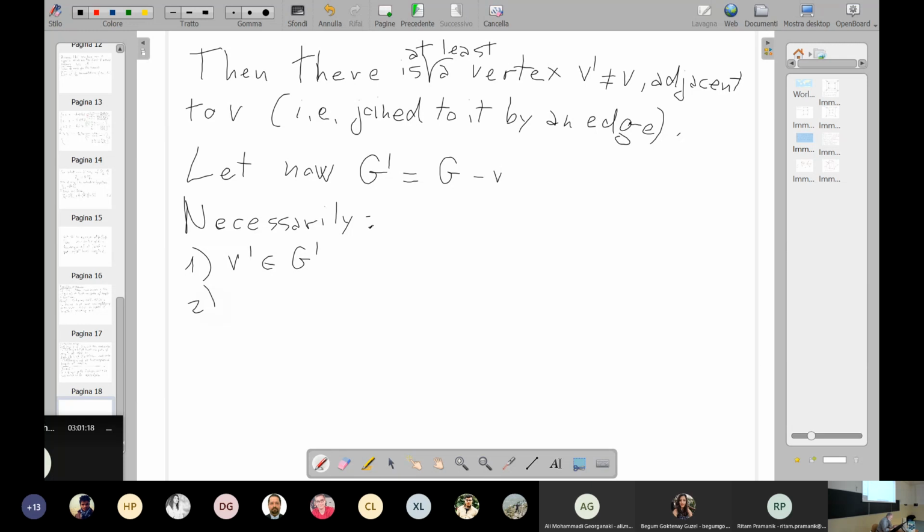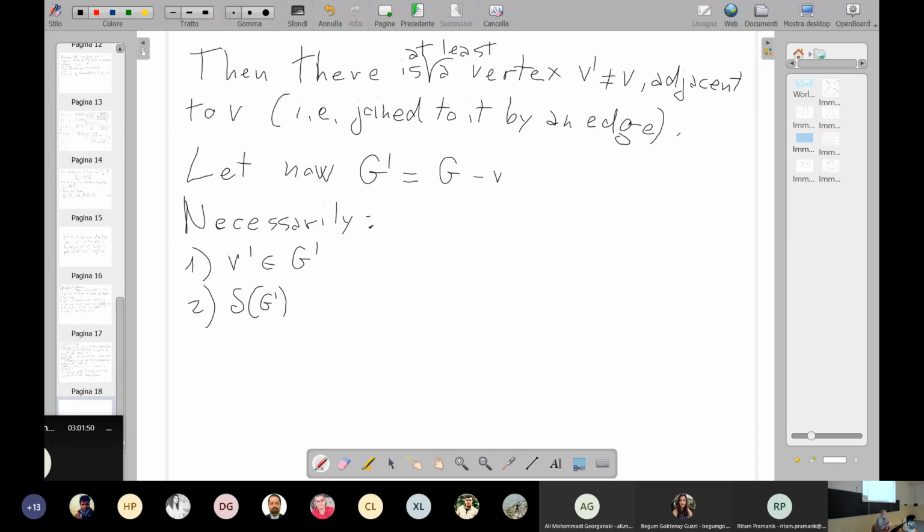And the second thing, what can we say about small delta of G prime? Can we say that it's greater than or equal to H? No. Why? Because by taking away V and all the edges we have in an end in V, we might have also decreased the degrees of some of the other vertices.